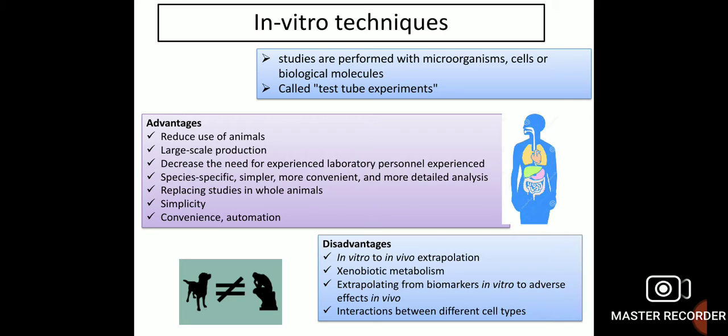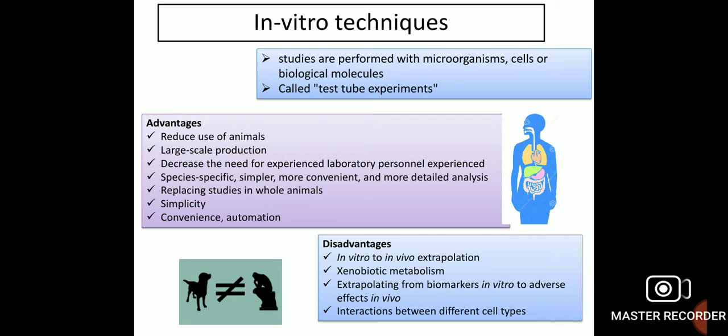It reduces the use of animals, gives large scale production, and decreases the need for experienced laboratory personnel. For example, if you need to inject a rat, you need proper knowledge of how to inject, by which route you have to inject, and so many other things.